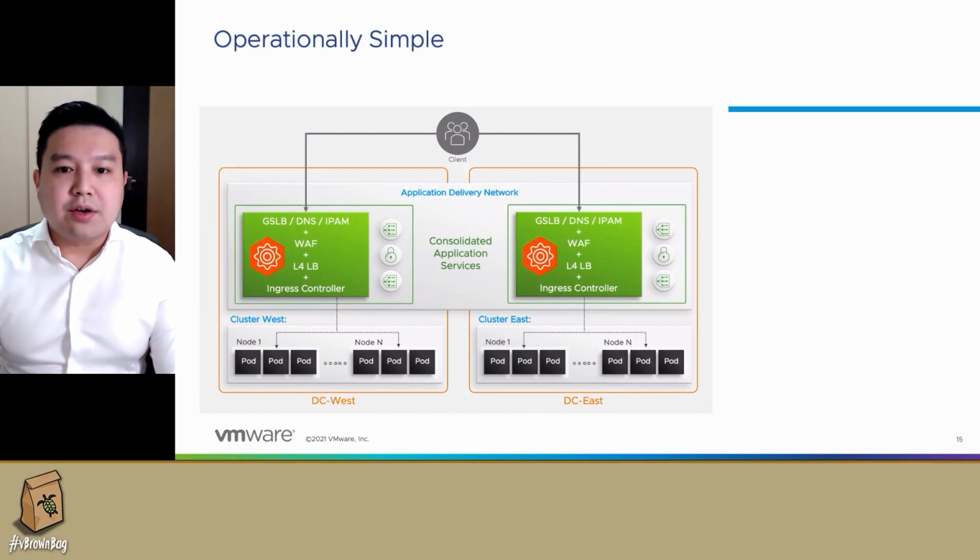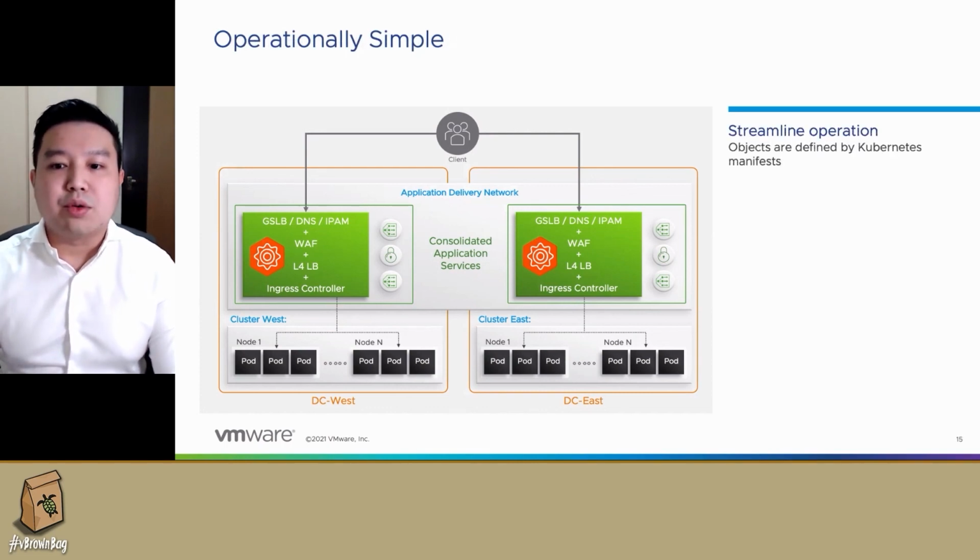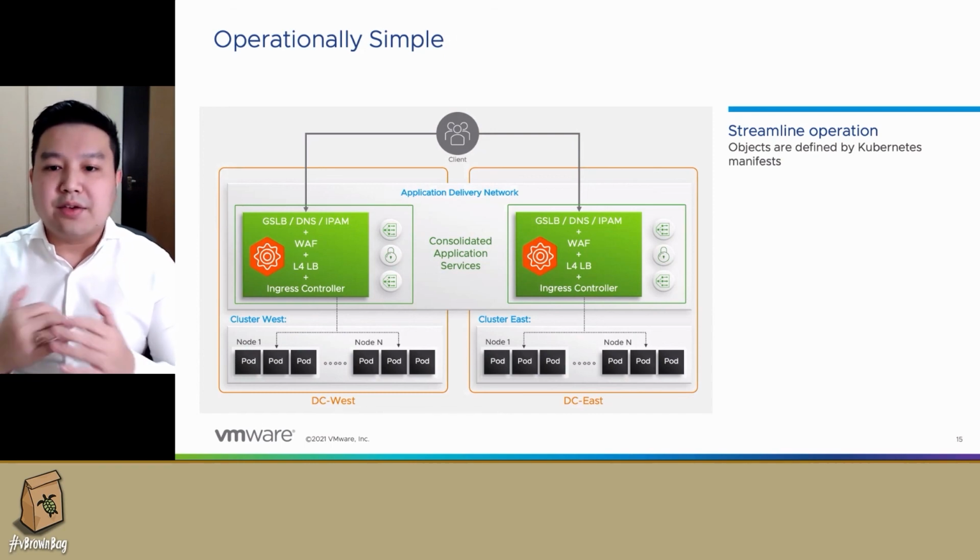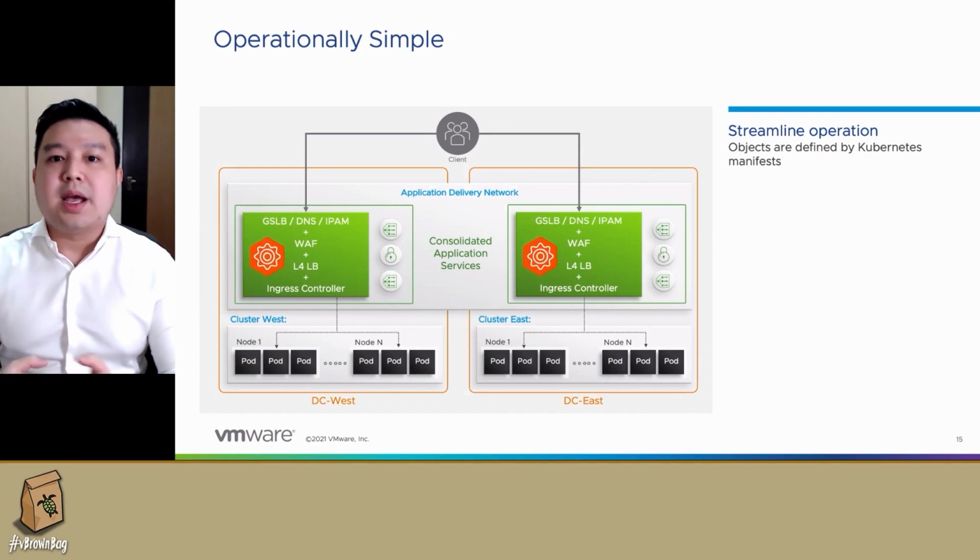The configuration of objects for NSX Advanced Load Balancer is defined in the Kubernetes manifest. It streamlines the operation of configuration in the load balancer itself. So when a developer configures the Ingress, it will be realized inside the NSX Advanced Load Balancer as a virtual service, as a GSLB service, and it will be configured inside the corporate DNS itself.